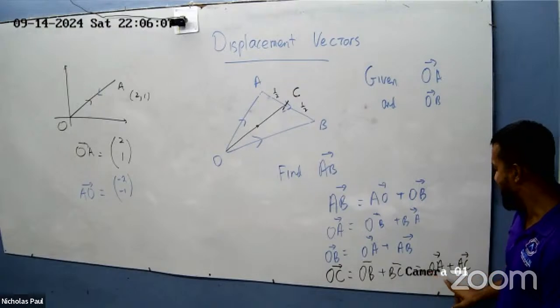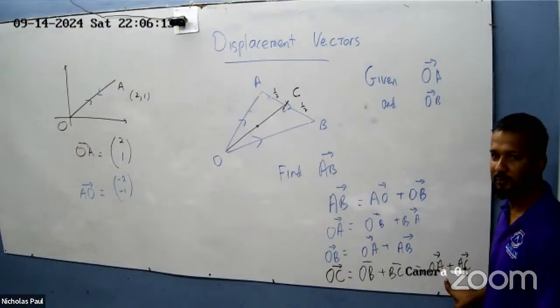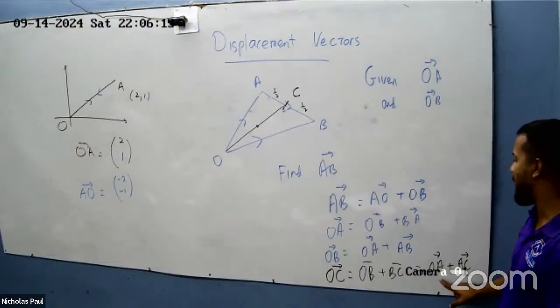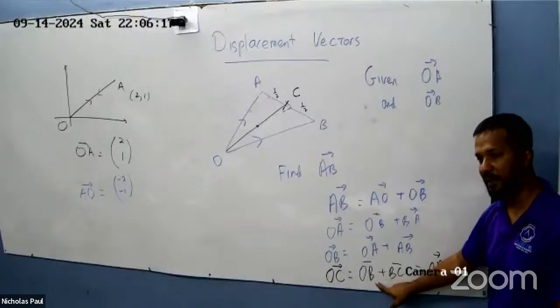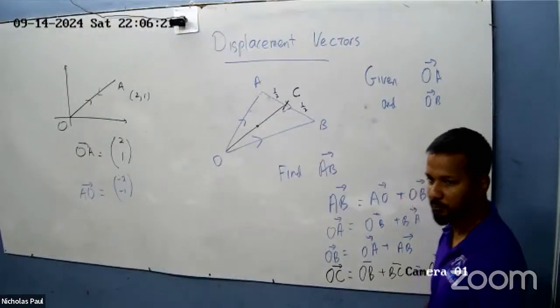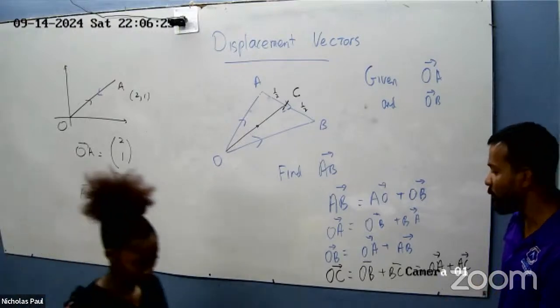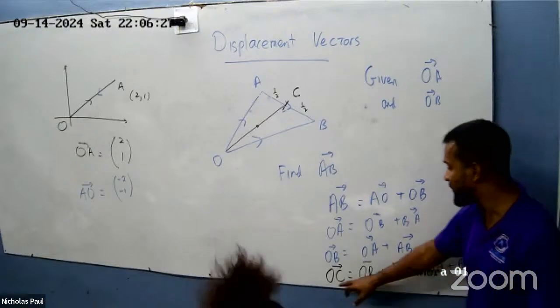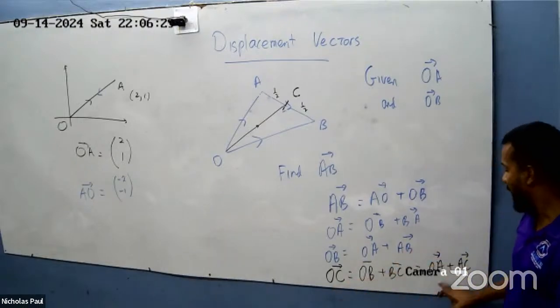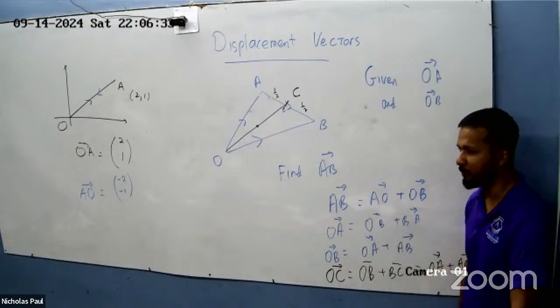a method. Anybody can tell me why I would choose this one over this method? Because they asked for OC, so they have to go to C. Why would I choose this method as opposed to this one? I have one small reason.